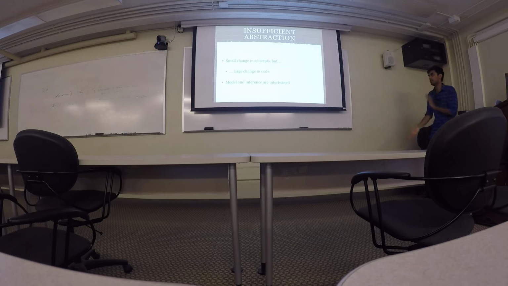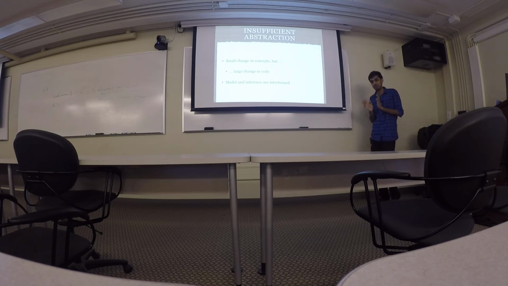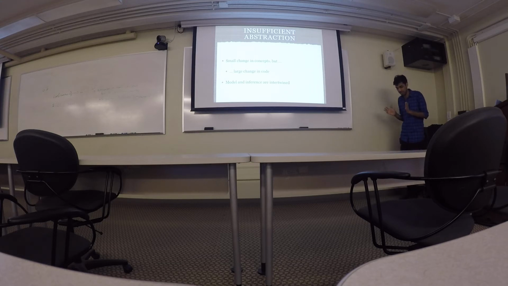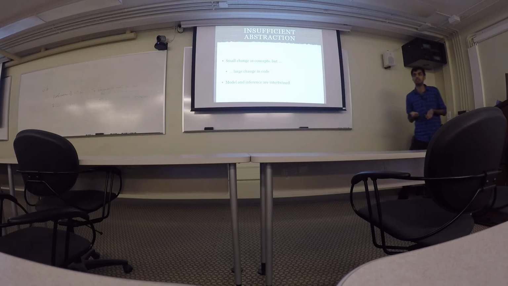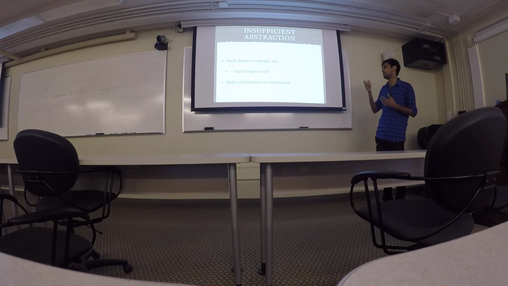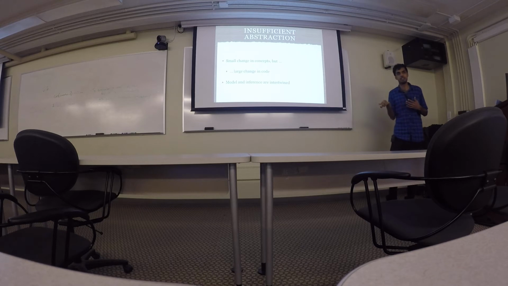This is a pattern that, if we're programming in any other domain, we might quickly see as a lack of abstraction, and we want to abstract the concepts in some way. If we have a small conceptual change, we also want a proportional change in the code.